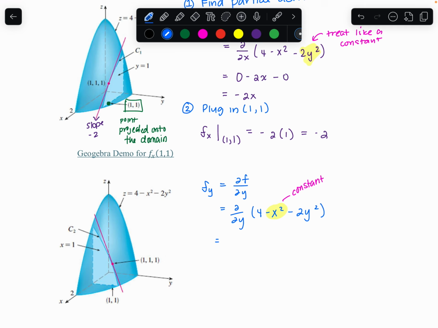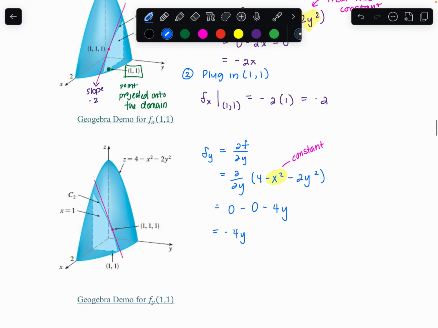This is straightforward, take a derivative like you're used to, just with a different letter, right? So let's go piece by piece. The derivative of 4, right? Any constant is 0. So the derivative of x squared, since it has no y's, is also 0. The derivative of 2y squared, power rule, 2 times 2 is 4y, right? Drop that power, and I get negative 4y.